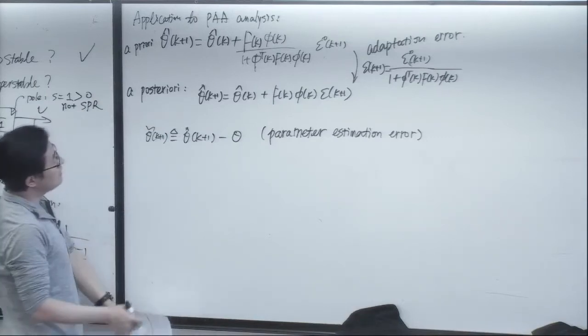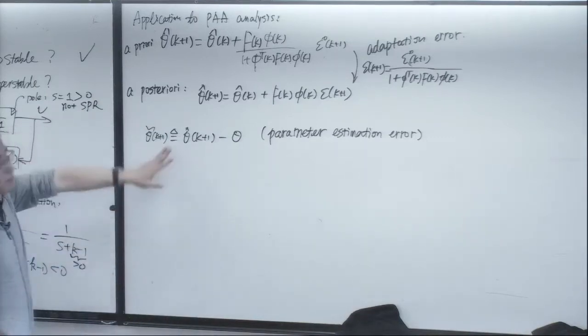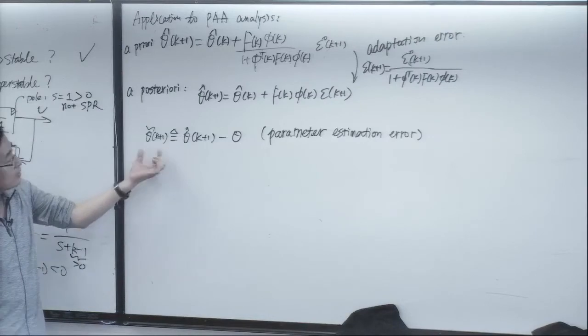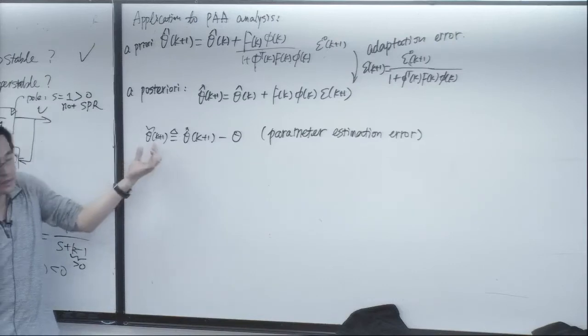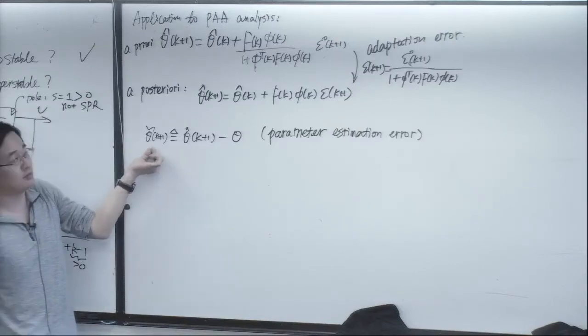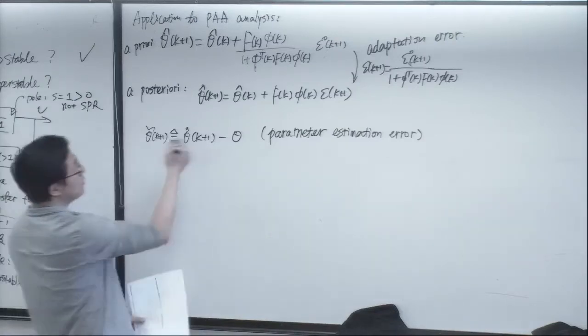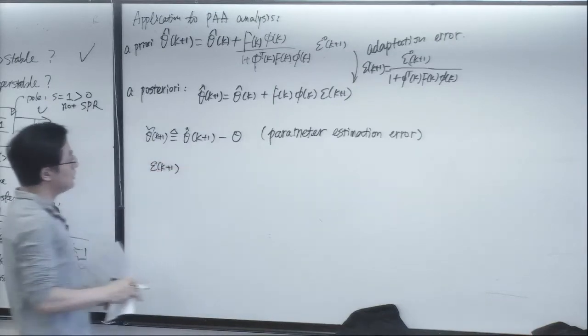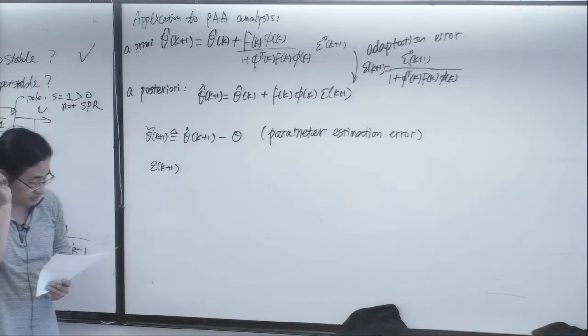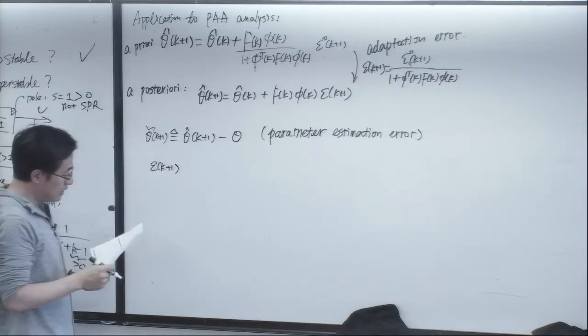All right? So this way, you can imagine what we are trying to achieve. We're going to try to show that theta tilde will be going to 0. Not precisely, but in this direction. And the way that we're going to approach it is to look at the error term. Okay?